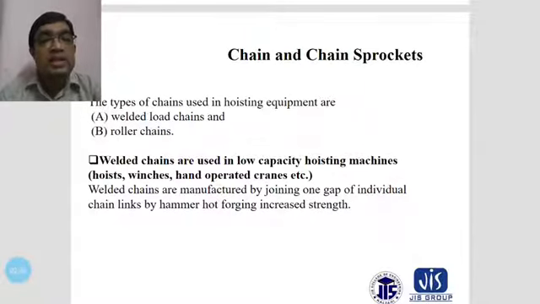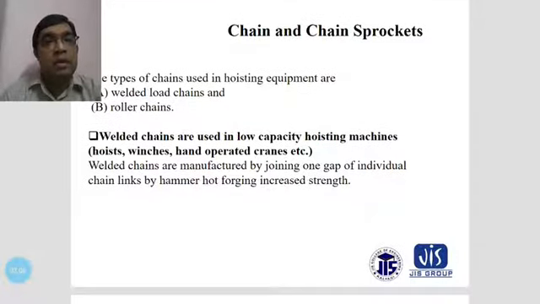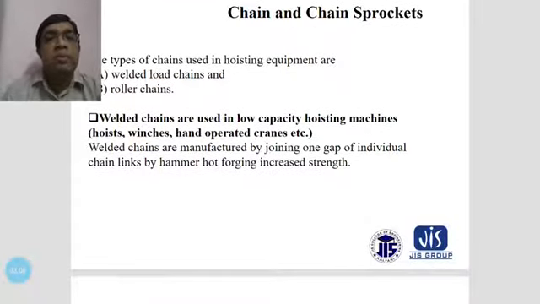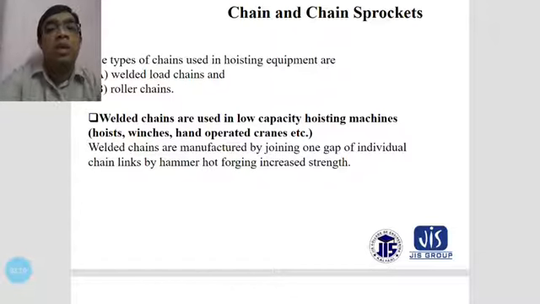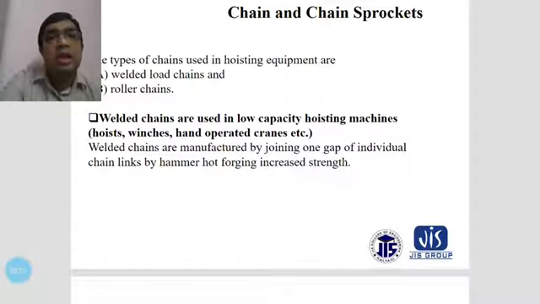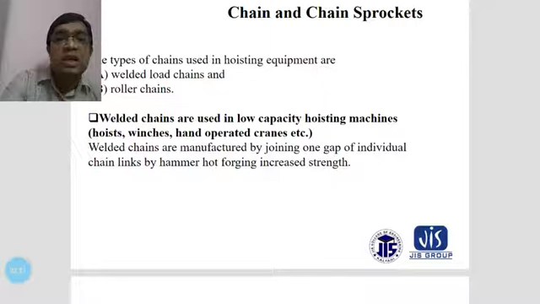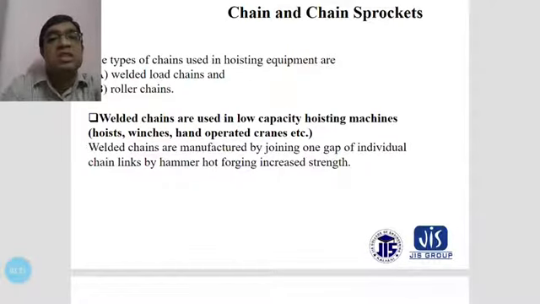The welded chain is used in low capacity hoisting machines, where the load is lower. When you have to hoist your materials with a lower load, then you use the welded chain, just like in hoists and hand operated cranes, which are considered for the transfer of low load materials.